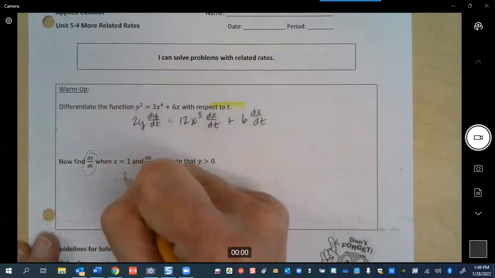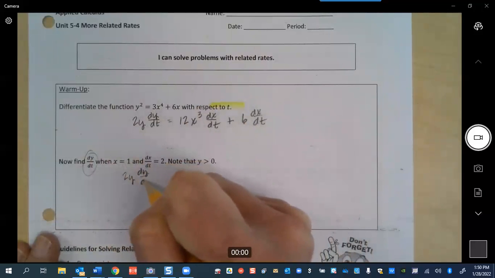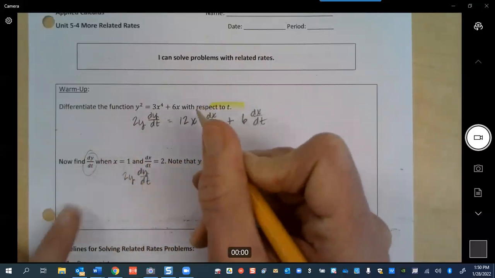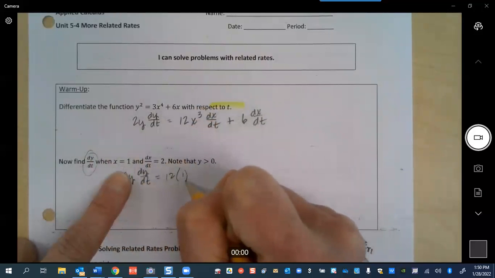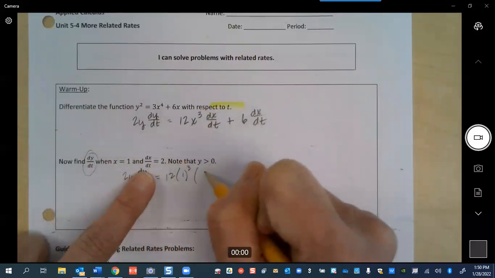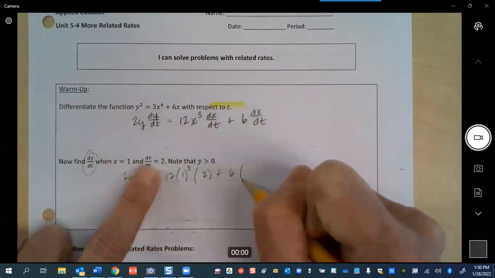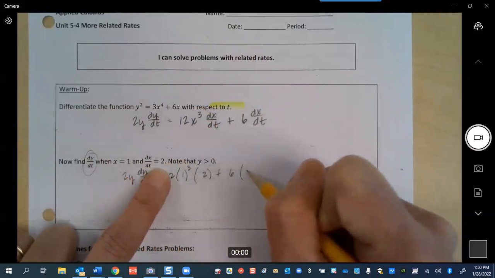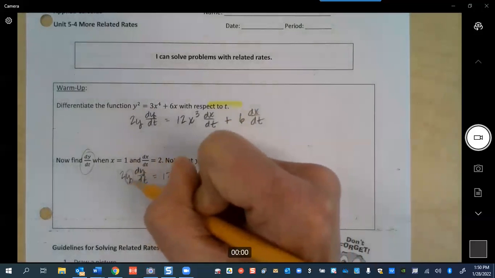So I have 2y, and I'm looking for dy/dt, and I have 12, and I have x cubed. dx/dt is equal to 2, plus 6, dx/dt is equal to 2. I'm missing one critical part. What's up with this guy?